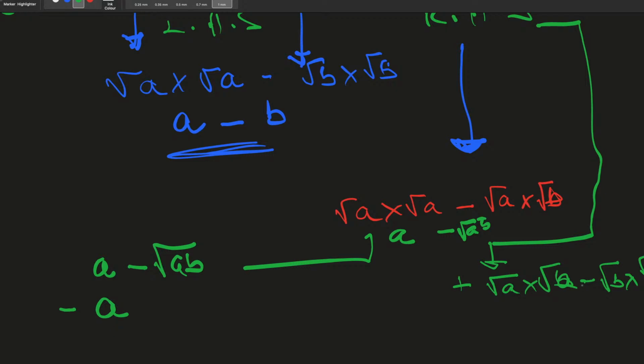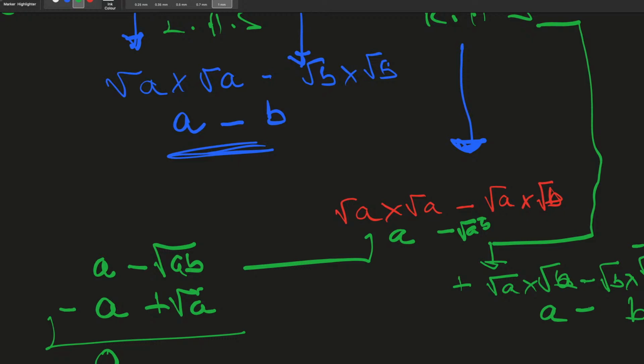And this minus and minus over here will be plus root ab. Now when we add this together, a minus a will be 0, and minus root ab plus root ab will be 0. And this will be b. So eventually, our left hand side is equal to the right hand side.